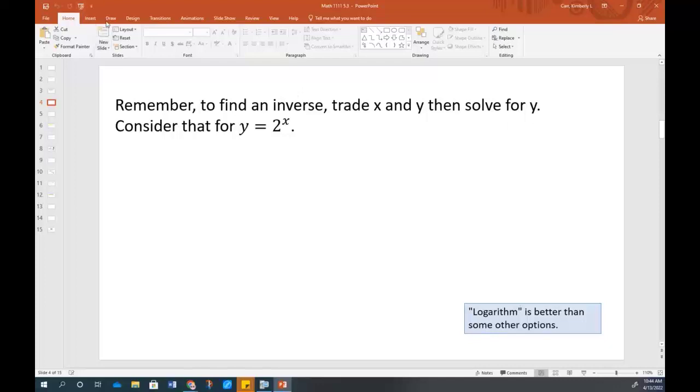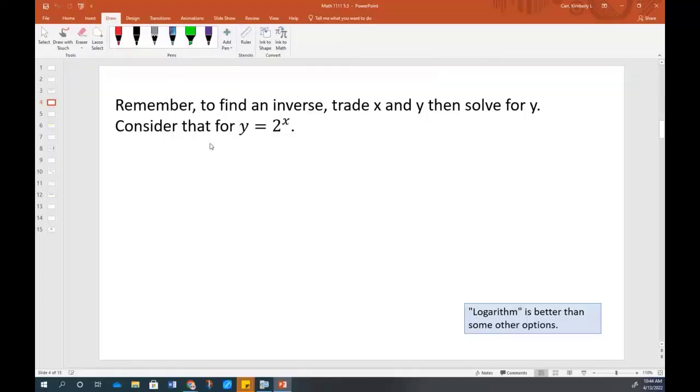So if I were to take this equation, y equals 2 to the x, it's very easy for me to trade the x and y. But notice, how do I solve for y? How is it that I can get that y down out of the sky over here?